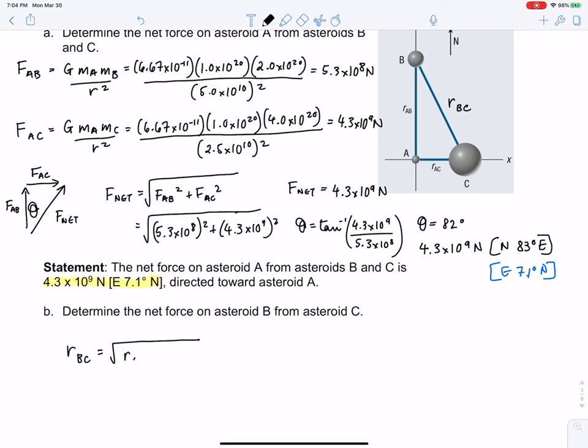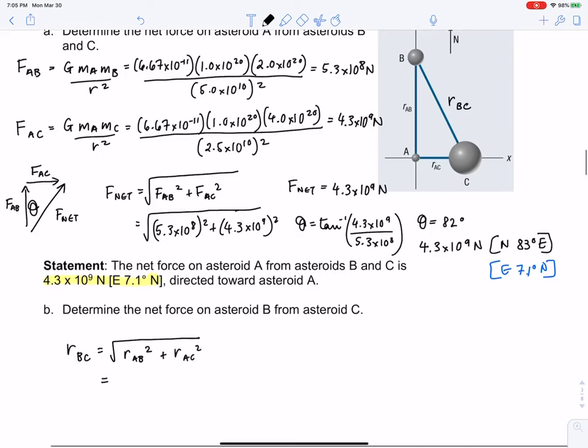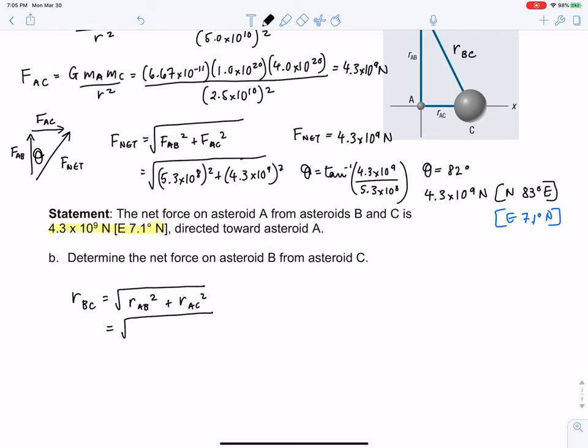It's going to be equal to RAB squared plus RAC squared, square root. That's the square root of 5 times 10 to the power of 10 squared plus 2.5 times 10 to the power of 10 squared. Punch it into our calculator, and we get 5.6 times 10 to the power of 10 meters. That's the distance between these two. Good.